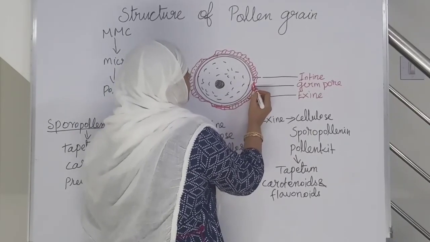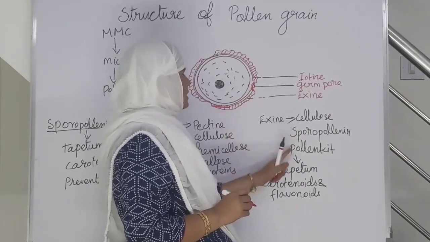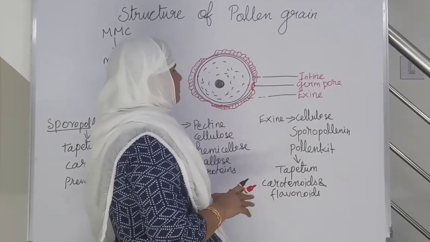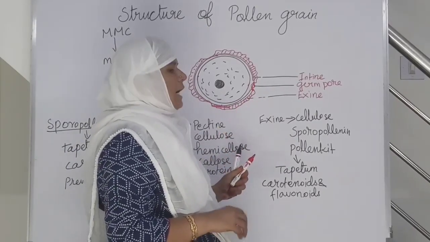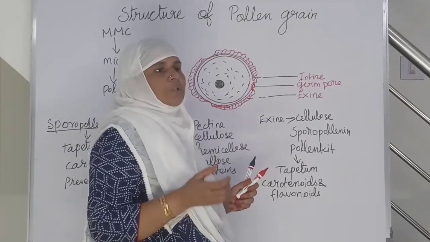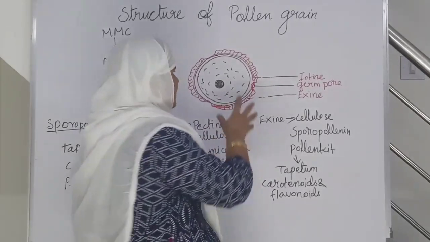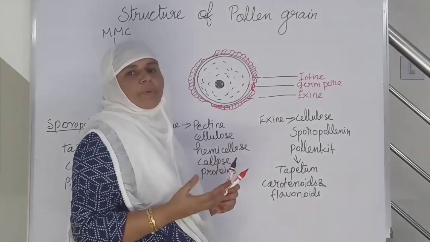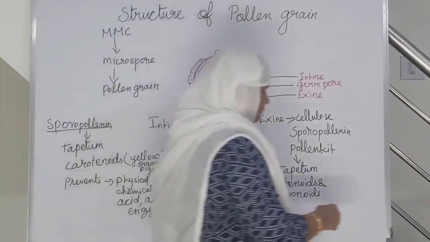Exine is absent, that is sporopollenin is not present in this region. Now I am going to discuss some other important points regarding the pollen grain, that we will see now.